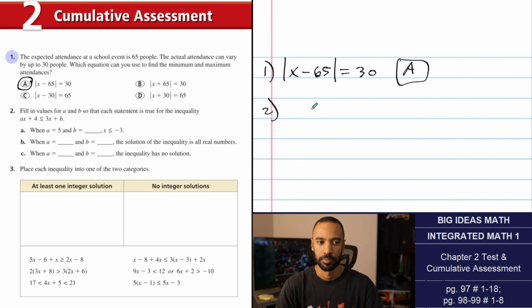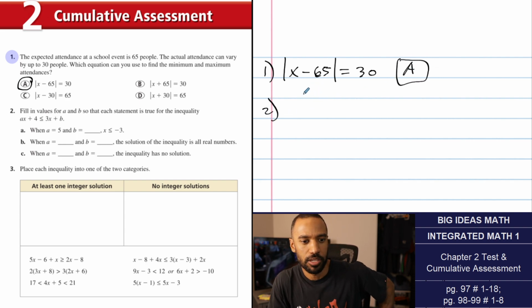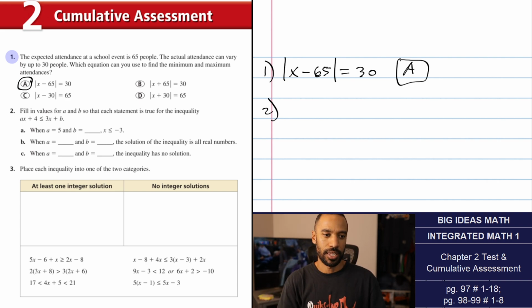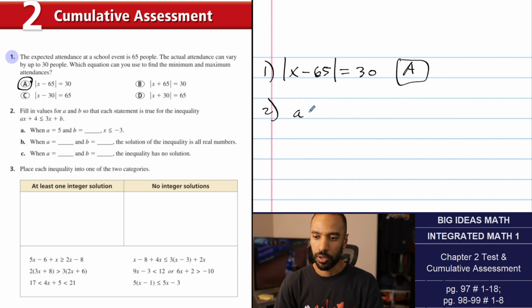Number 2. Fill in values for A and B so that each statement is true for the inequality shown. So I'm going to write the inequality, copy and paste those things into here, and let's see what they are talking about and how we can best solve it.